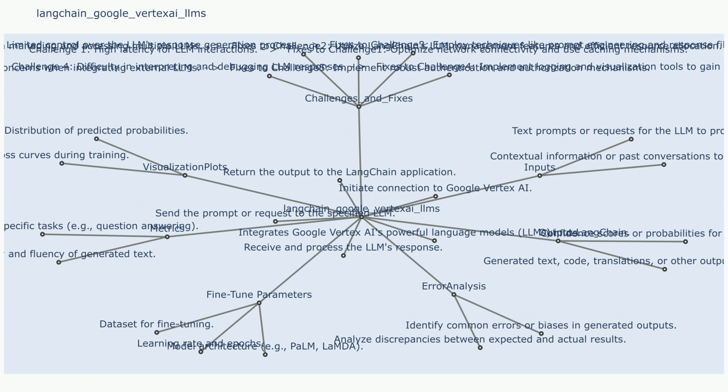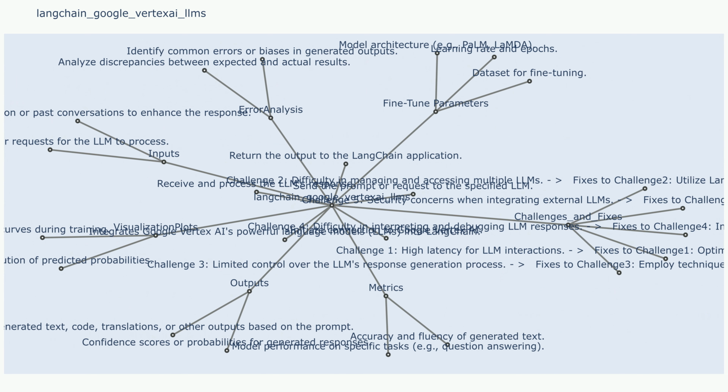Step 3: text input: the user provides the text data that the LLM will process. Step 4: model prediction: the LLM sends the text input to the selected Vertex AI model for processing, and receives the output from the model.